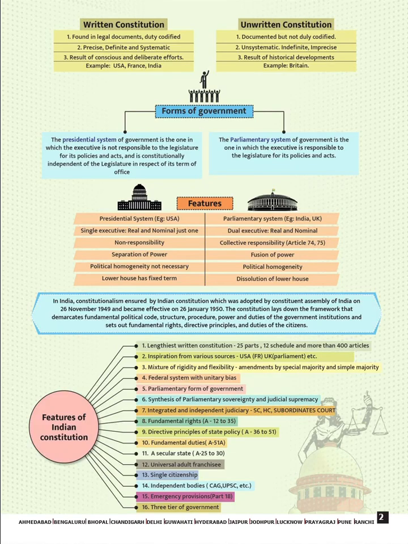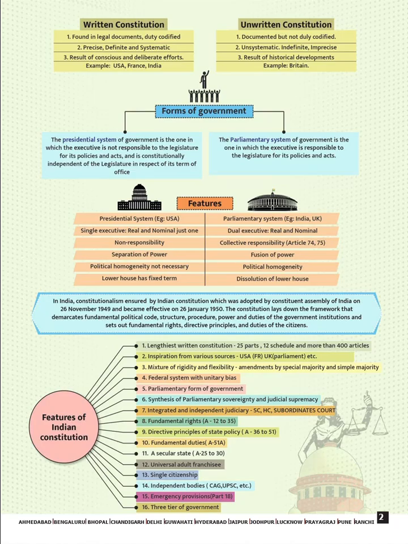Fourth feature is a federal system with unitary bias. Fifth feature is parliamentary form of government. Sixth feature is synthesis of parliamentary sovereignty and judicial supremacy. And seventh feature is an integrated and independent judiciary: Supreme Court, High Court, subordinate courts.